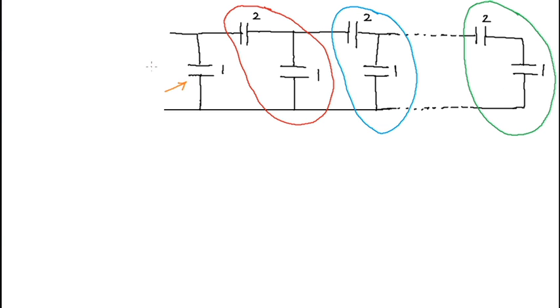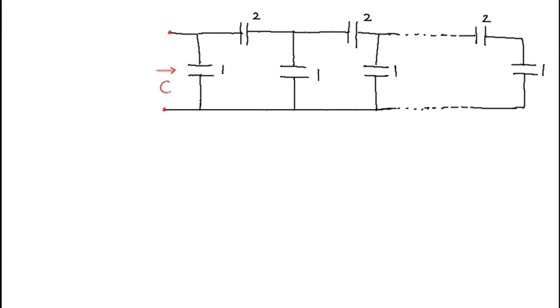In short, when you look at this particular circuit through these two terminals in this particular direction, you will not see any difference between this circuit and the original circuit given in the question, and hence the capacitance of this circuit as viewed through these terminals in this direction is going to be identical to the effective capacitance of the original circuit, and hence it's going to be equal to C. So to find the capacitance of the original circuit, we must bring back the section that we just cut out.